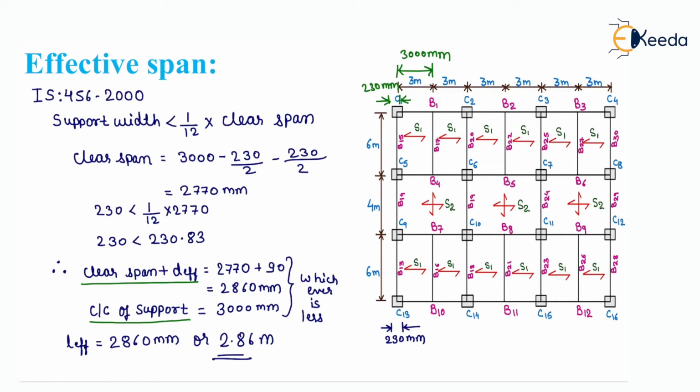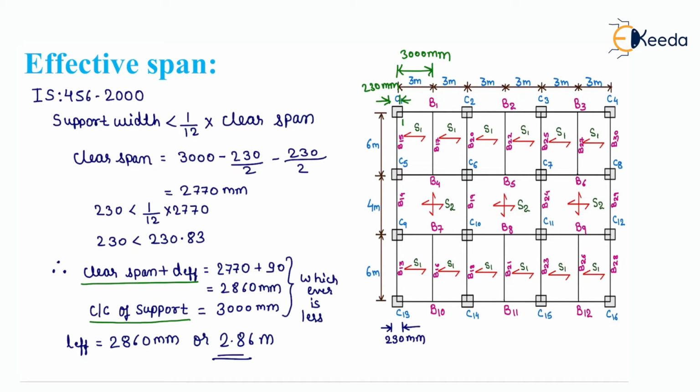Clear span will be 3000 minus half of support width minus half of support width, that is 3000 minus 230 upon 2 minus 230 upon 2. We will get 2770 mm.